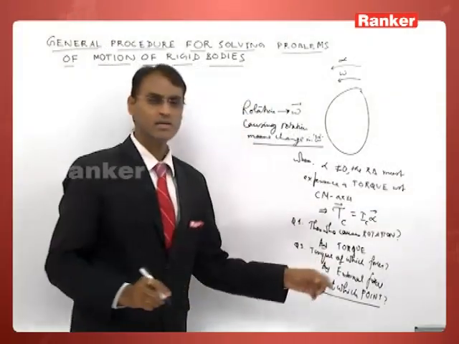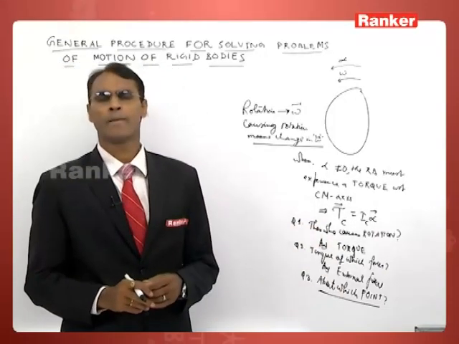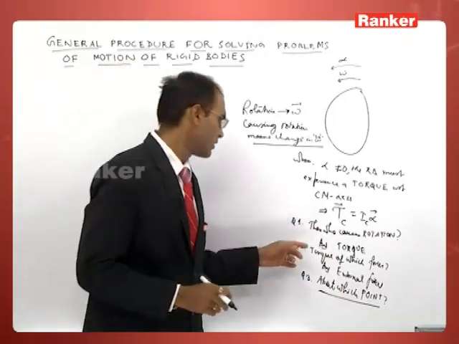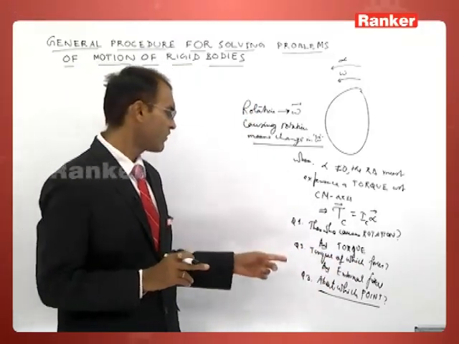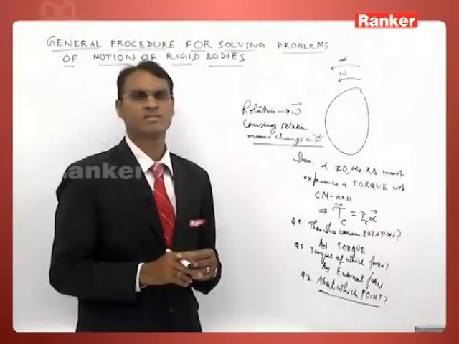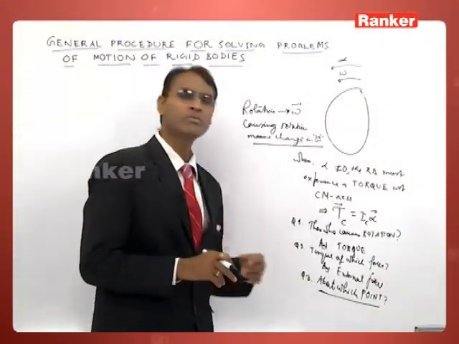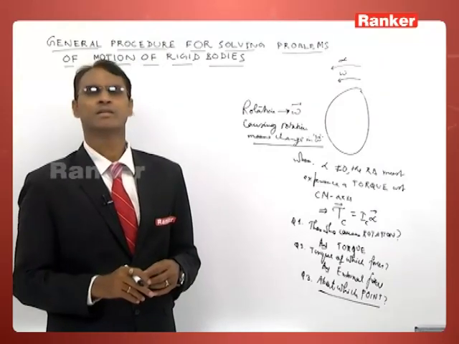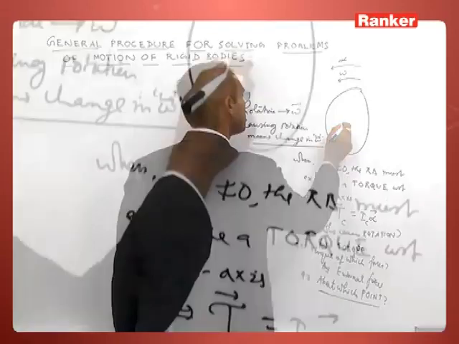Who causes rotation? Torque will cause rotation. Torque of which forces? The answer is torque of the external forces. About which point do you have to take the torque of external forces? This must be the center of mass point.